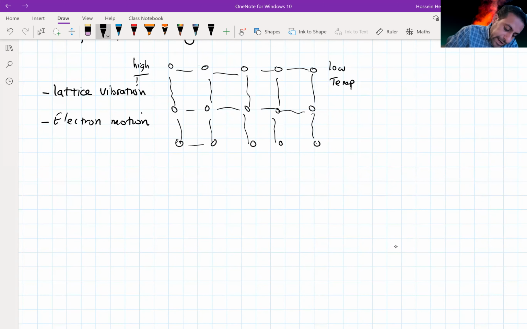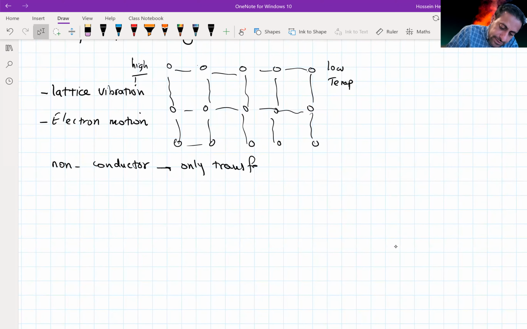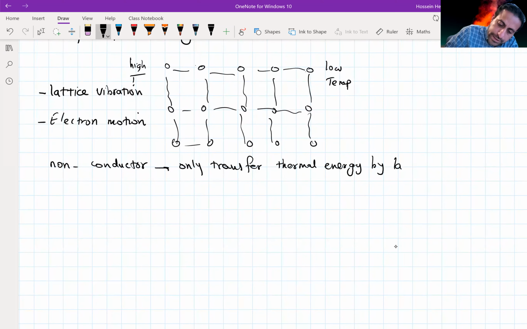So we have two classes of solids. Non-conductors only transfer thermal energy by lattice vibration.